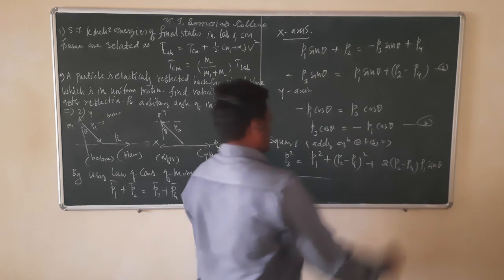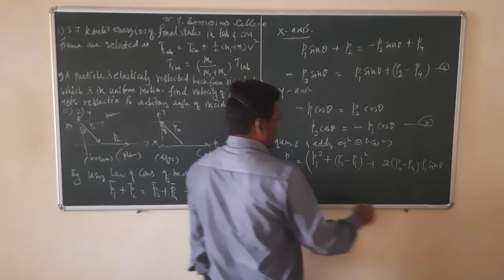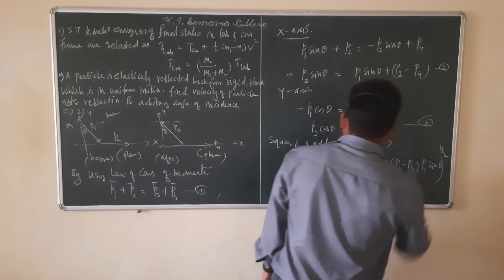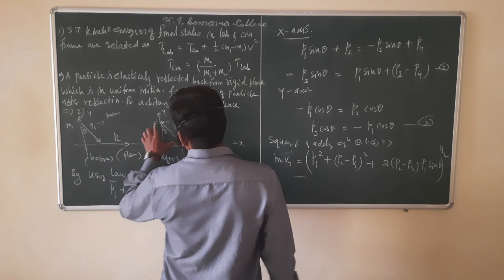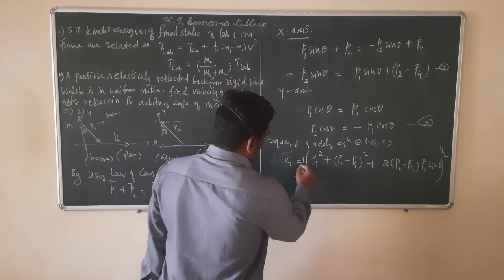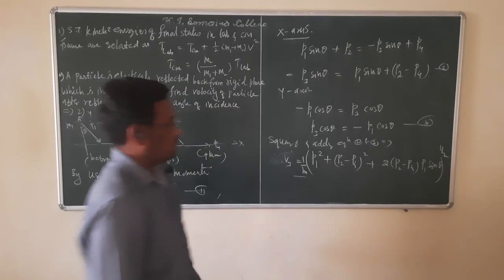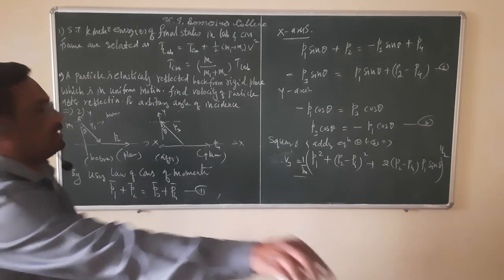So P3 is equal to the square root of this term, and P3 is m into V3, where V3 is the velocity of the particle after scattering. So V3 is equal to 1 upon m into this. So this is the equation for velocity.